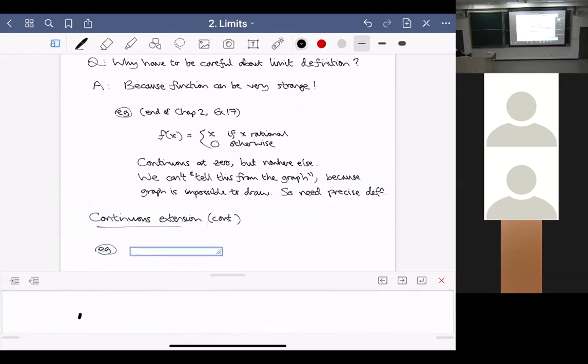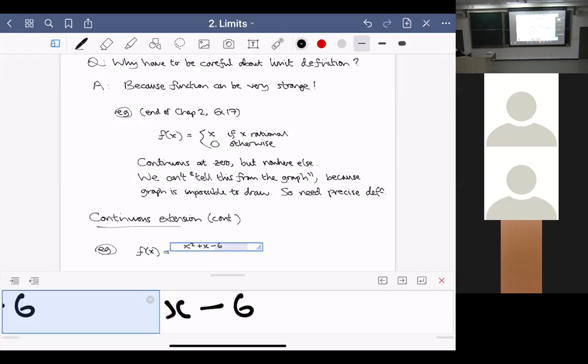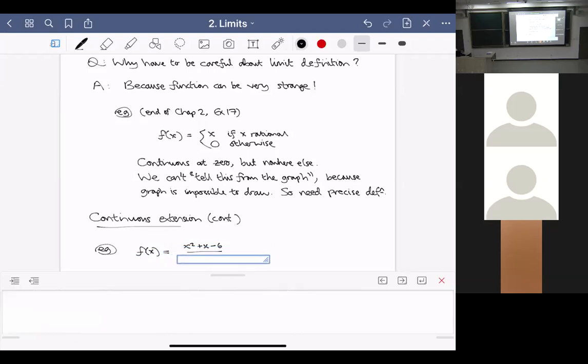So if we take the function f(x) given by x squared plus x minus 6 over x squared minus 4.